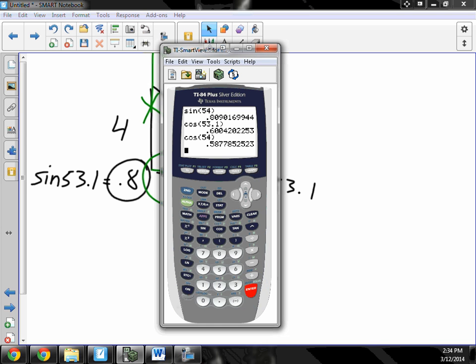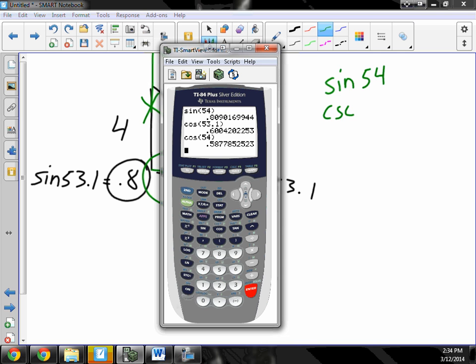Okay. Well, let's compare the sine of 54 to the cosecant of 54. So the sine of 53 is 0.8. If we go from 53 to 54, would we expect the cosecant to get bigger or smaller?